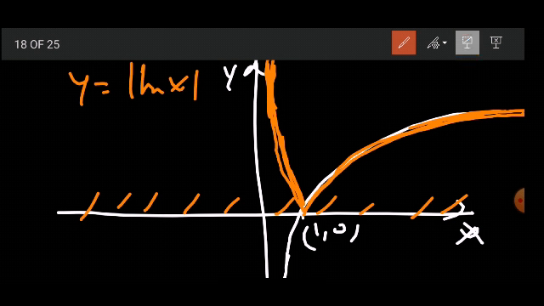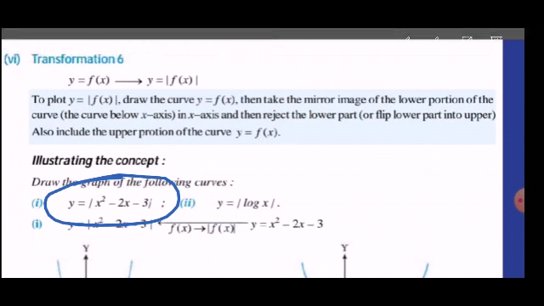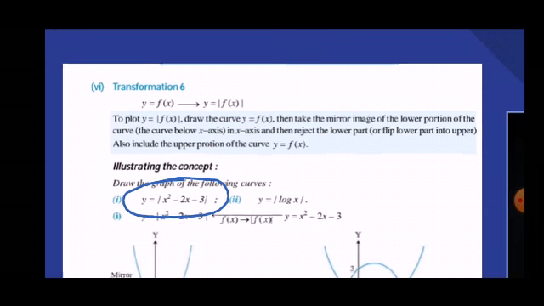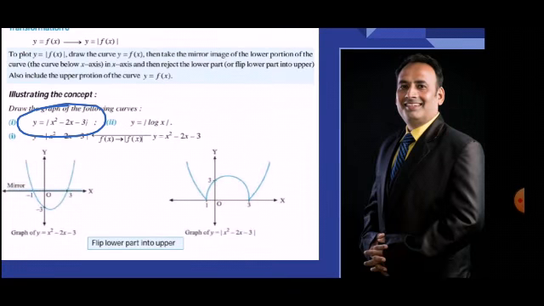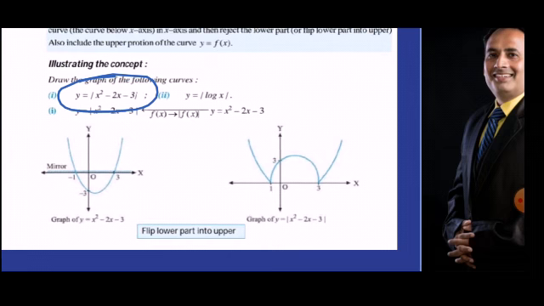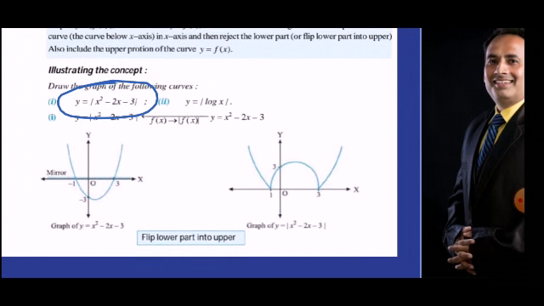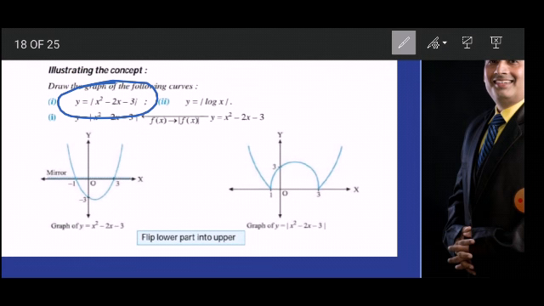Let's have a brief look. So you see y equal to x square minus 2x minus 3. In this first portion of the graph, what we have done is a simple quadratic expression which is passing through -1, 0 and 3, 0.